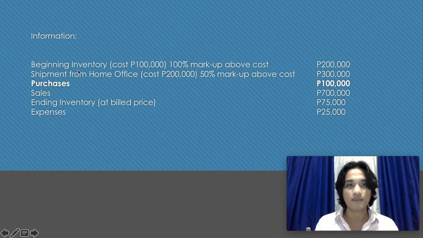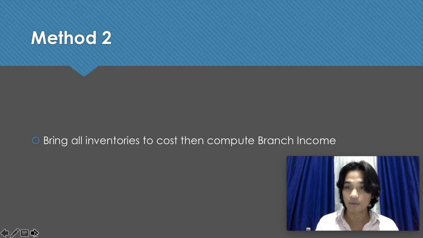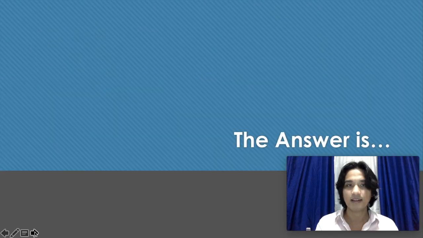So you have beginning inventory, 100% markup above cost, plus you have the purchases. So you do method number 1 or method number 2 or both, that would be best. And lastly, you may pause the video so that you can answer it on your own and then play it afterwards.